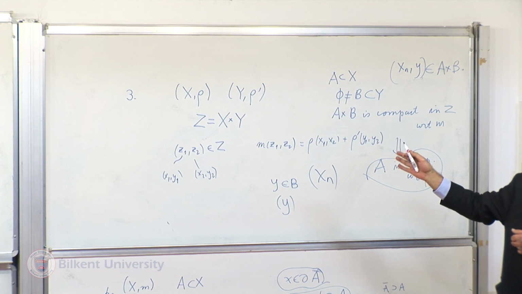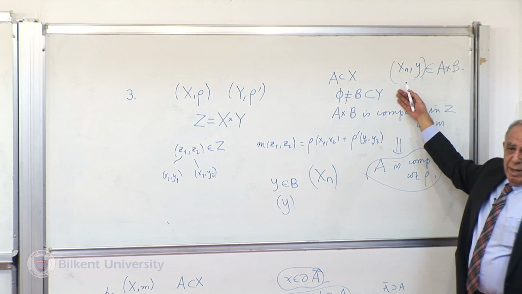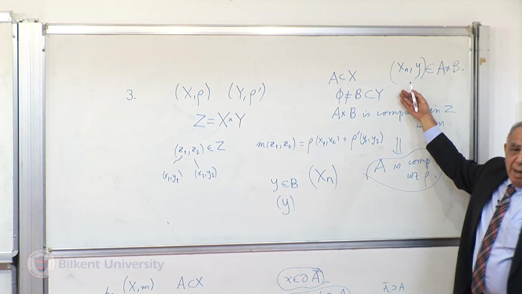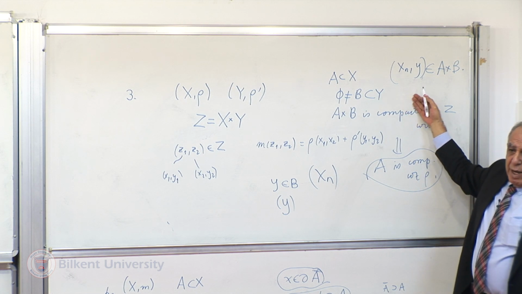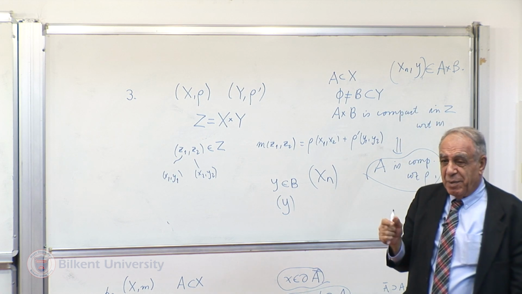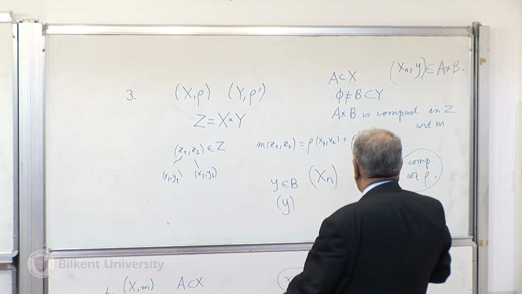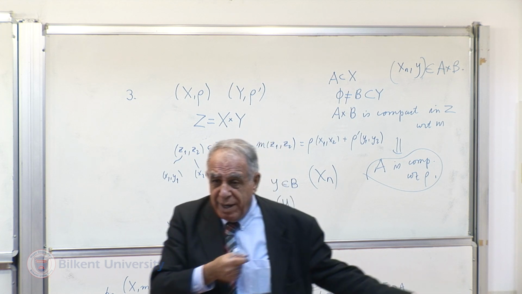It's given that this is compact. So this will have some convergent subsequence whose limit belongs to A cross B. But in that subsequence as well, the capital Y component of the sequence will be the same, y.